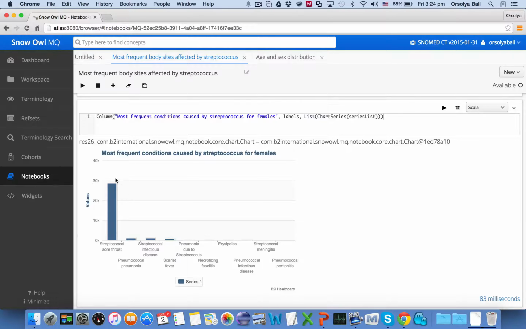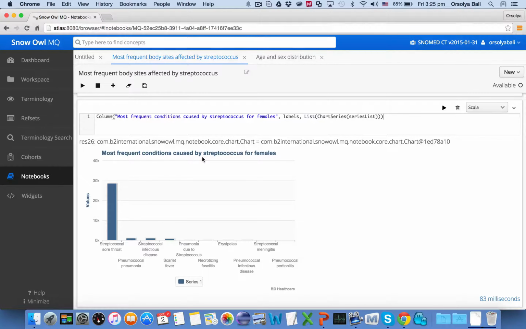Only by eyeballing the data, as we did before, it is obvious that the streptococcal sore throat is the most likely to happen. However, pneumococcal pneumonia, streptococcal infectious disease, scarlet fever, and some other streptococcal infections are also present on the records. So this is the 10 most frequent clinical diseases that we can find on these patient records.